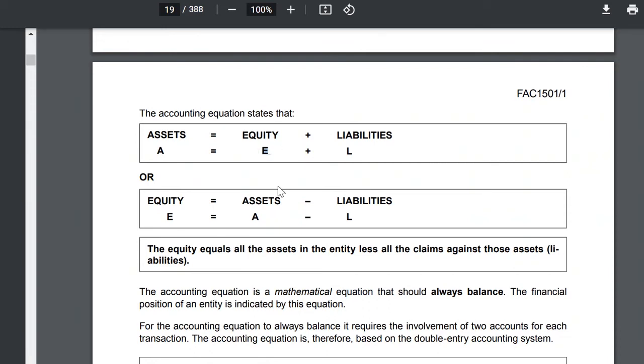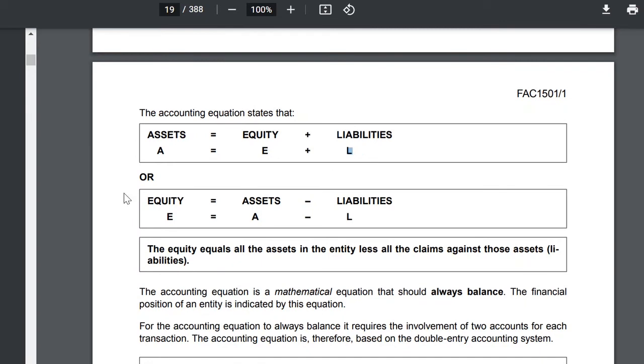Are you with me? Yes. You're just making sure that this transaction balances. Because liabilities, there was nothing, it's going to be plus 0. Can you see that this transaction balances? So it's going to be 5,000 equals 5,000 plus 0.